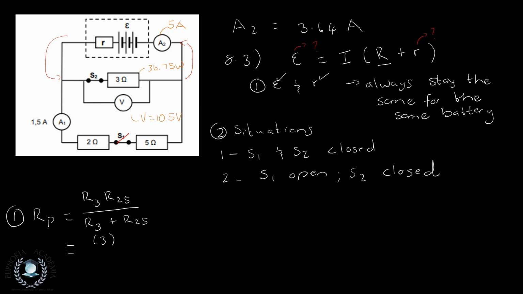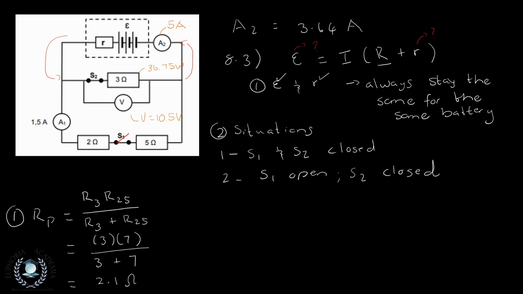That's going to be 3 times 7, because 2 plus 5 is 7, and at the bottom we're also going to have 3 plus 7, and that is going to give us a resistance of 2.1 ohms.